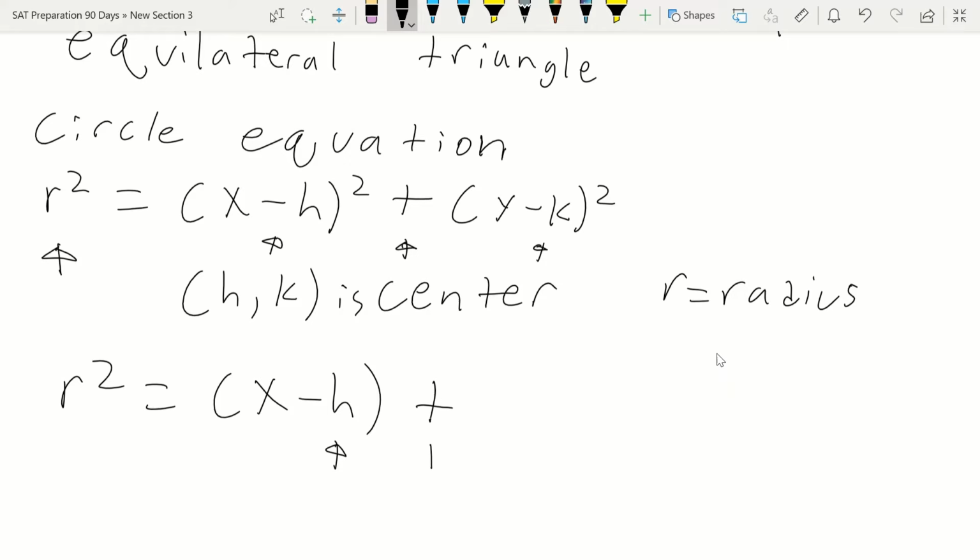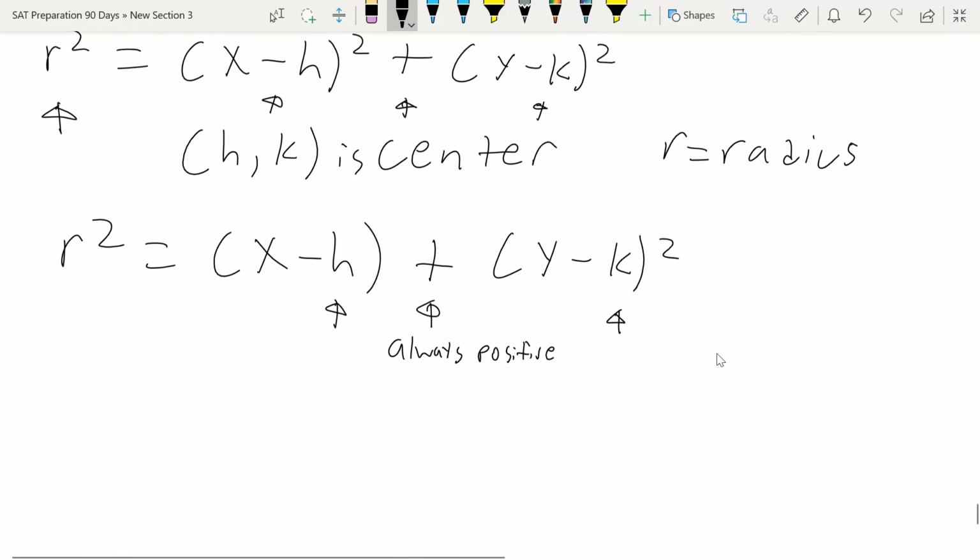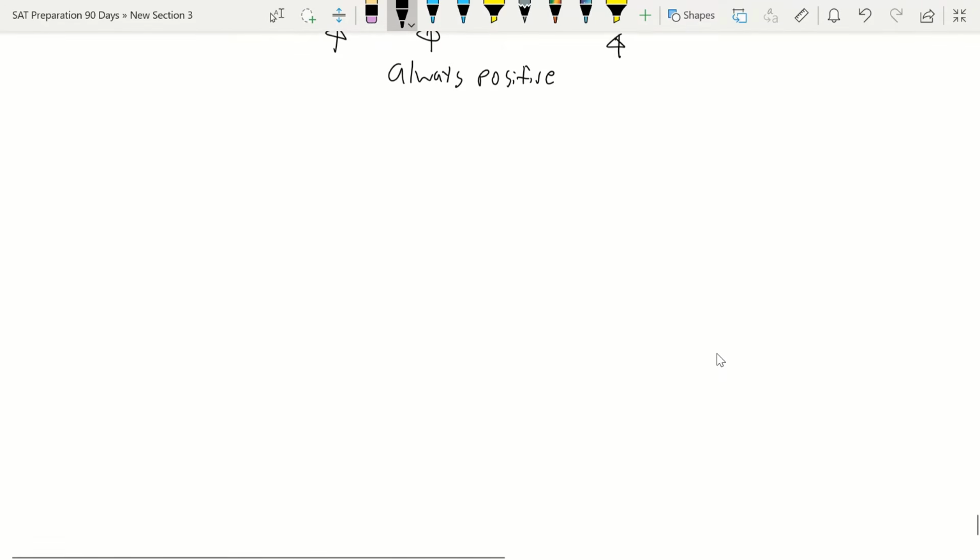We're always going to have this be positive, so we're always adding right here, and then we're always going to add y minus k squared, right? So if k is positive, we have y minus k. If k is negative, we would have y plus k. So make sure you have that equation down in your notes. Remember, hk is your center, r is your radius.